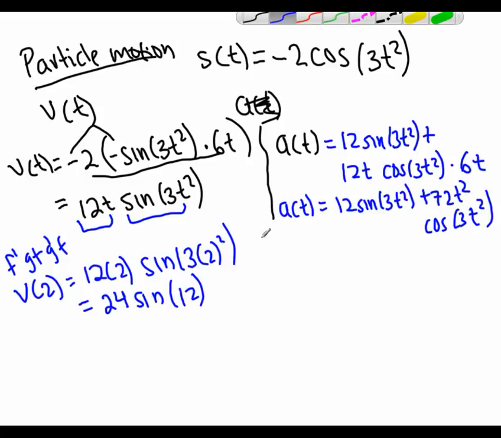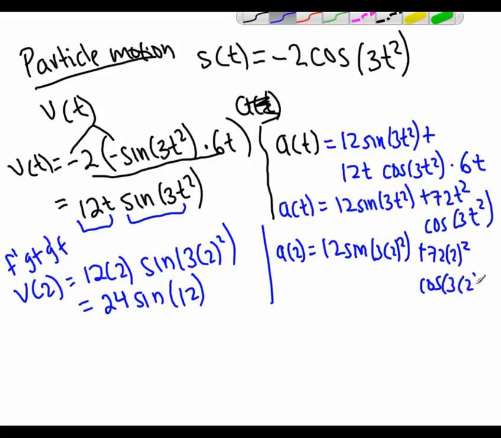And here, a of 2 is 12 sine of 3 times 2 squared, plus 72 times 2 squared, cosine of 3 times 2 squared, which is basically 12 sine of 12 plus 4 times 72, 288, cosine of 12.